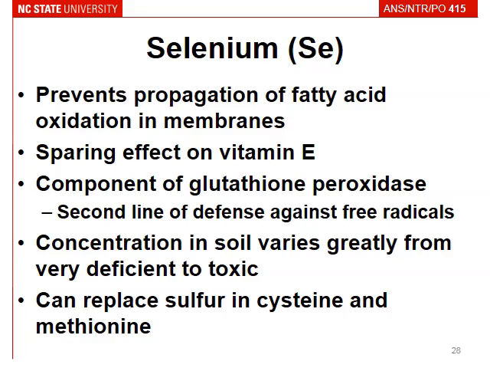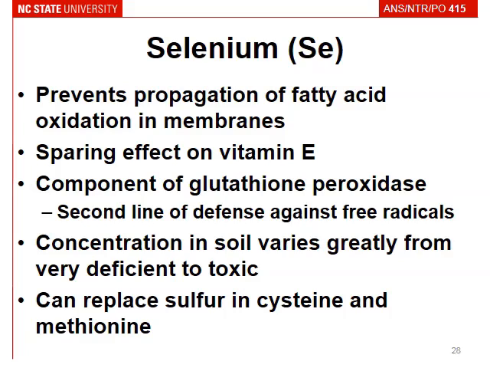The difficulty with selenium is that the concentration within the soil varies greatly in the U.S., from very deficient to extremely toxic. So, especially in this global economy where, for instance, a lot of our grains are grown in a specific area, in some of those areas one side of the state is toxic and the other side is deficient.